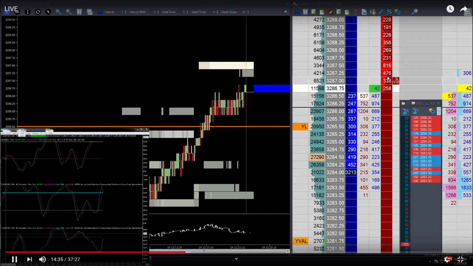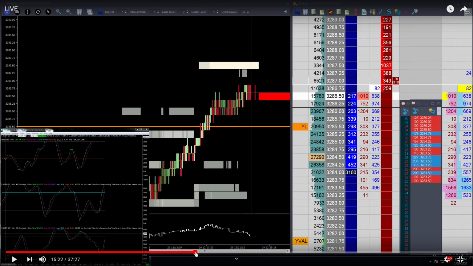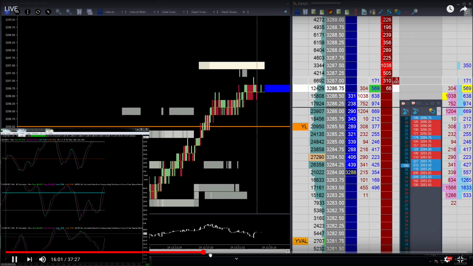So what am I doing? I'm taking a short. Why am I taking a short here? We got large size sitting here. This is a high volume edge. Got 1,000 stacking up there. Over 1,000. So here I go.